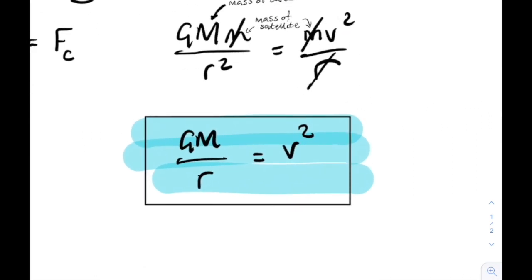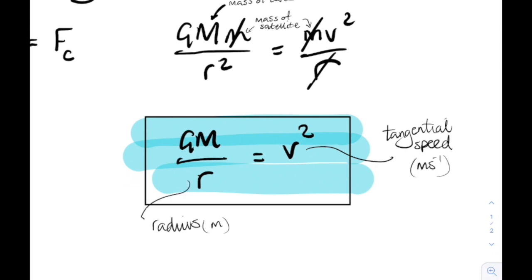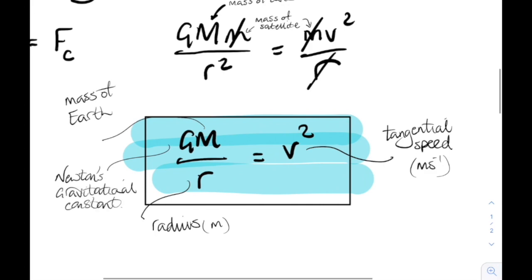Now v is the tangential speed of the satellite in its orbit around the Earth. r is the radius of the orbit measured from the centre of the Earth. M is the mass of the Earth, and of course big G is Newton's universal gravitational constant.